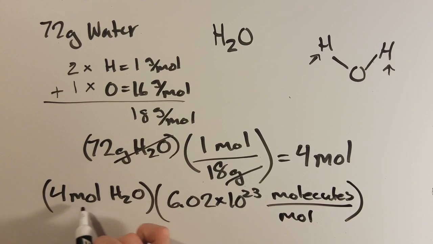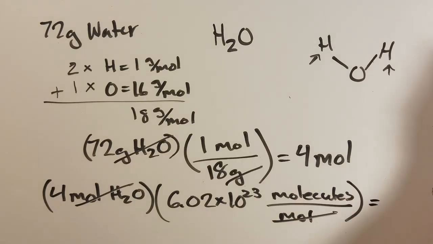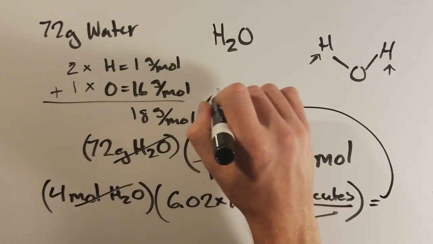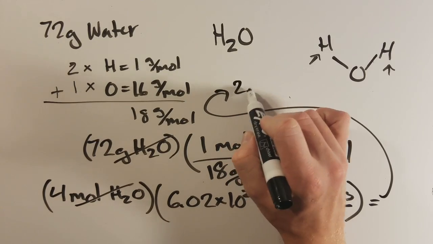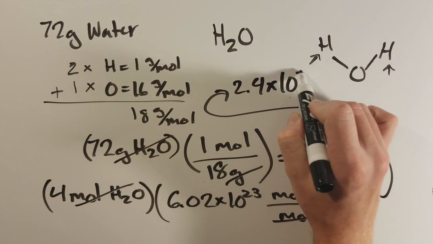You see the moles of H2O cancel, and we're left with the units of molecules. And this number is going to be, let me make sure that I'm on the same page. I'm going to write it up here just so we can stay on the same page. The answer is 2.4 times 10 to the 24 molecules.